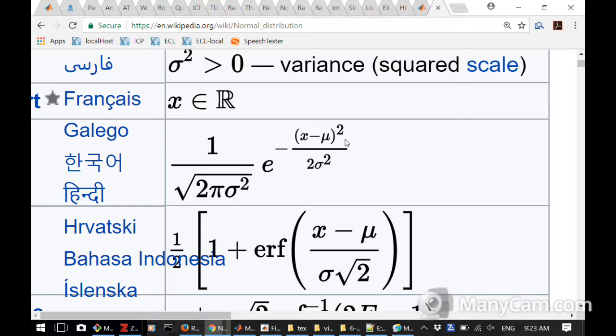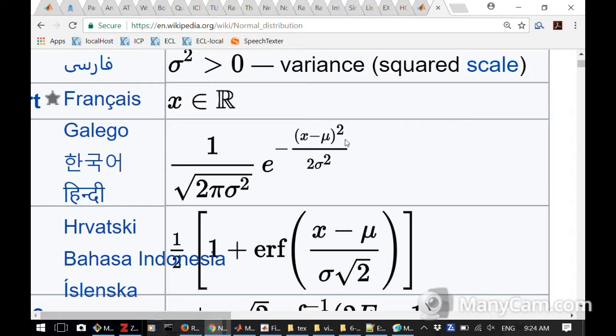So I say the probability of getting a value of 100, given mu equals 0 and sigma equals 1, equals what? Can somebody read it for me? 1 over the square root of 2 pi, e to the power of negative x squared divided by 2. Okay, so let's reread this equation.